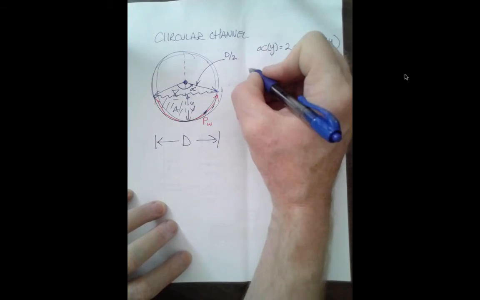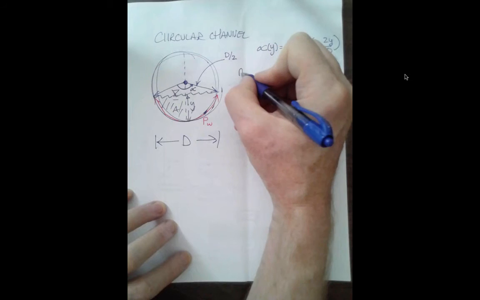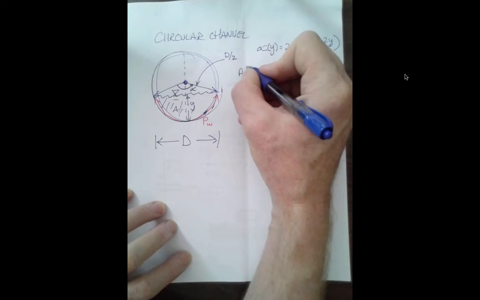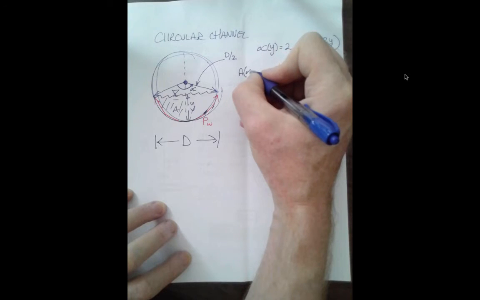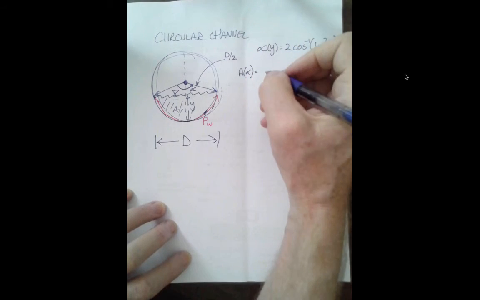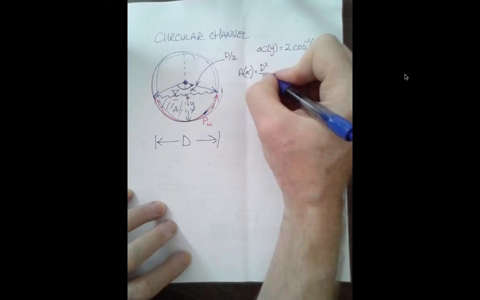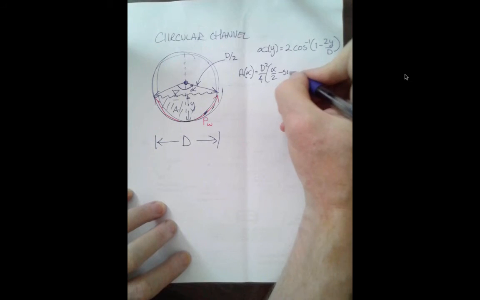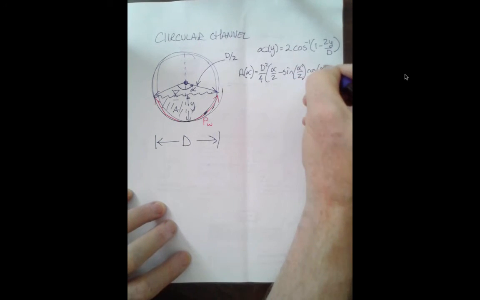Once we have alpha, the remaining terms are quite simple. Area as a function of alpha is d squared over 4, times alpha over 2 minus the sine of alpha over 2 times the cosine of alpha over 2.